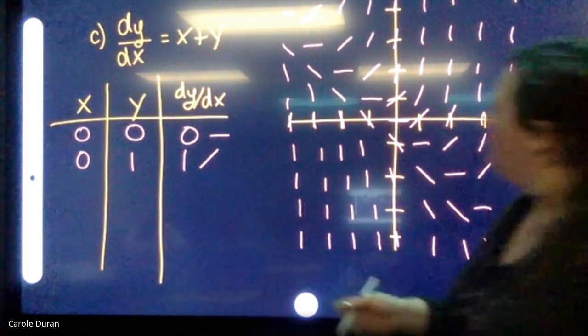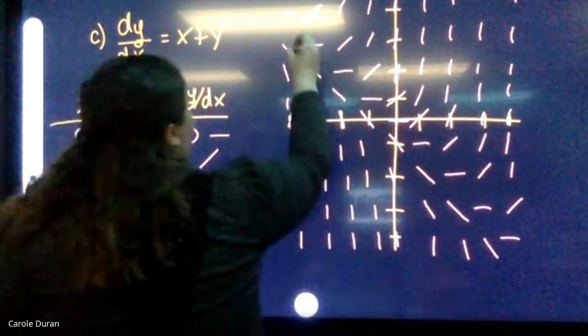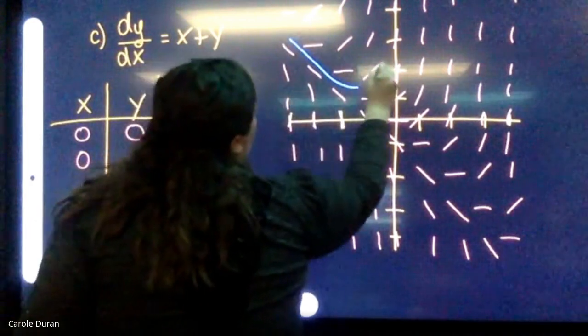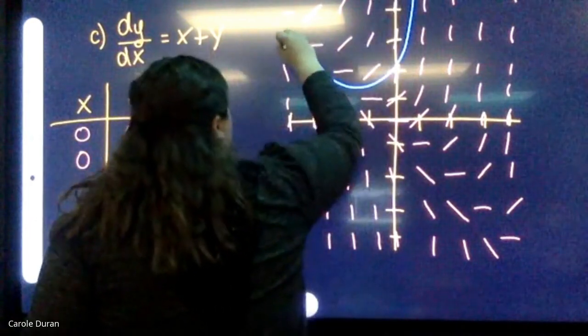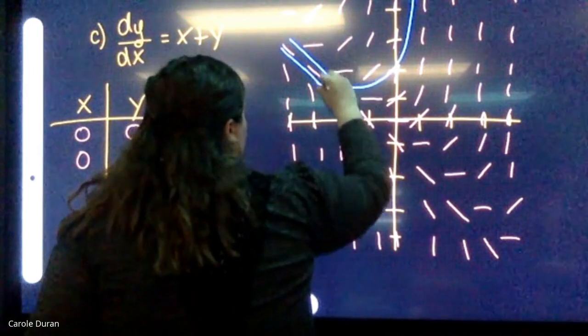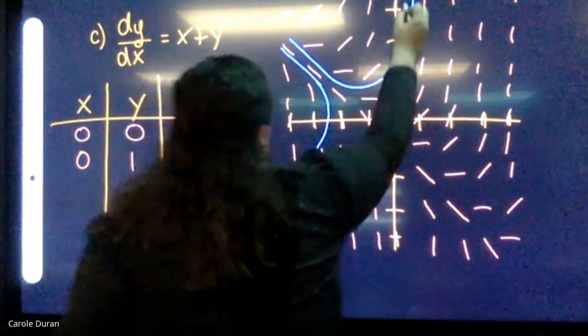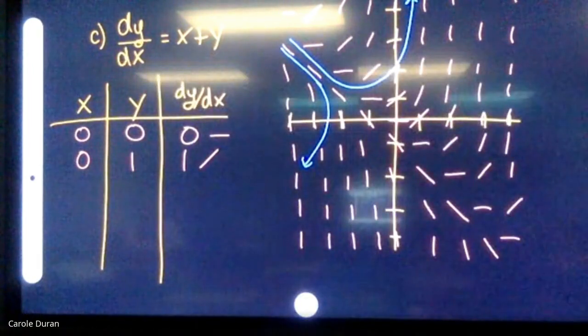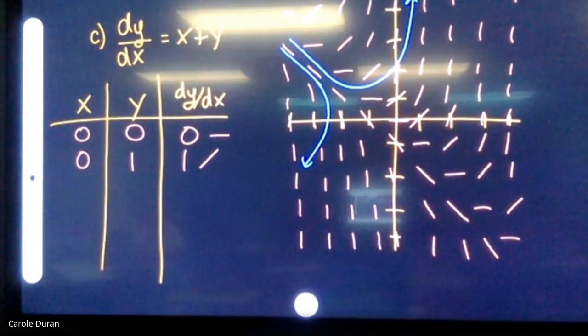So this is another one that as I see it happening, I see it's just kind of curving out. Not quite, but close. That's kind of what I should see happening.